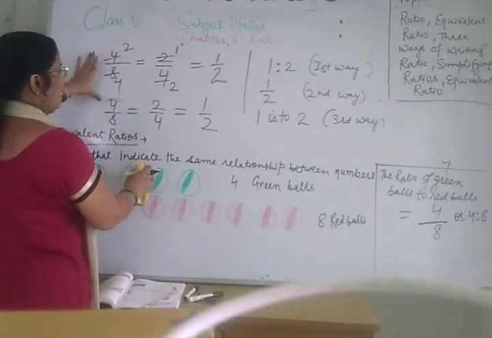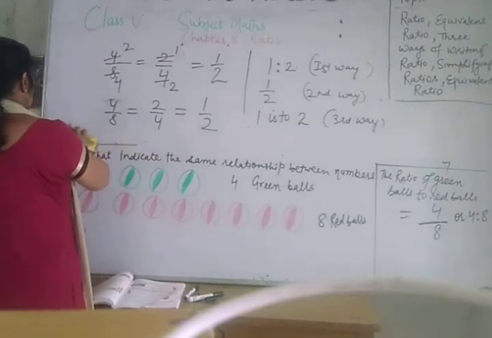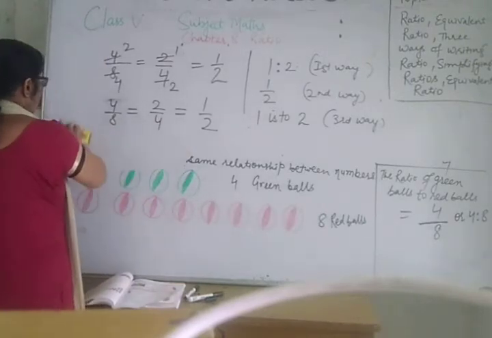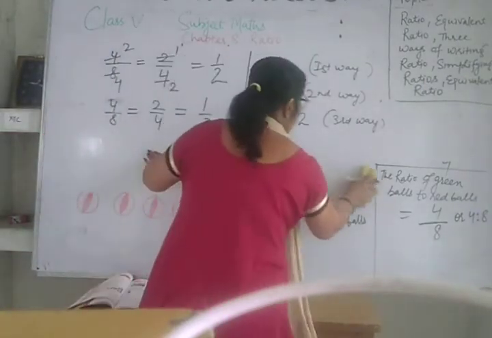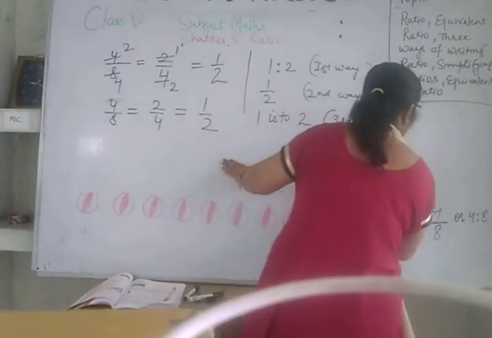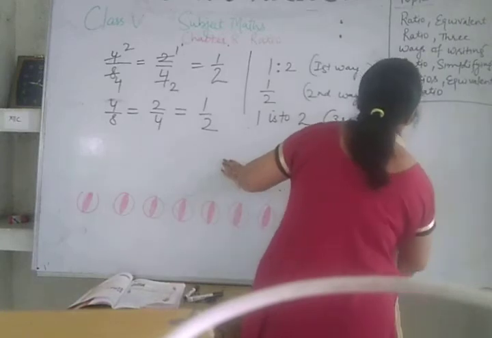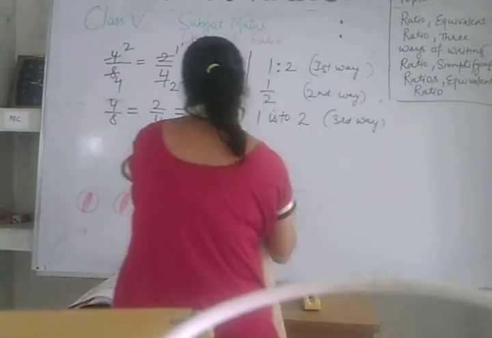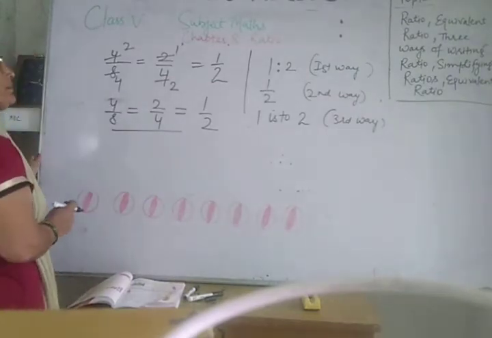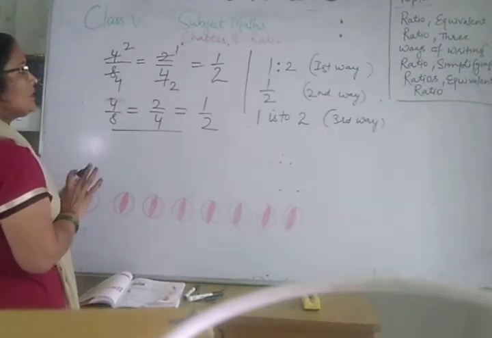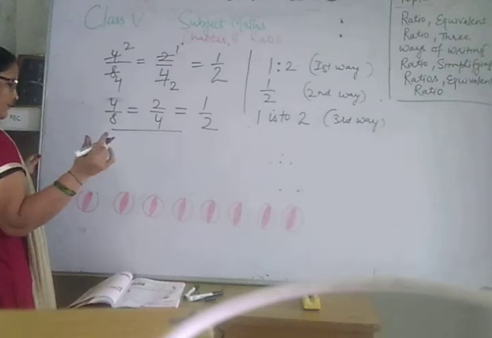Same way, divide numerator and denominator with the highest common factor. Now this is simplifying a ratio, and equivalent ratios are there.